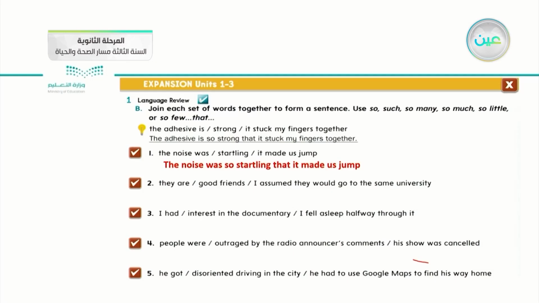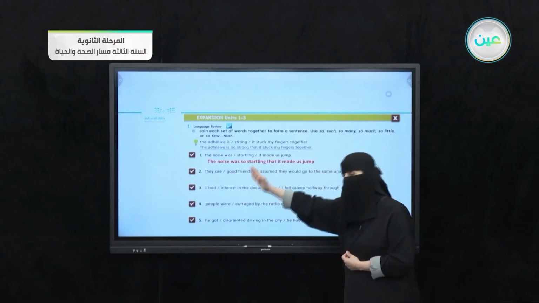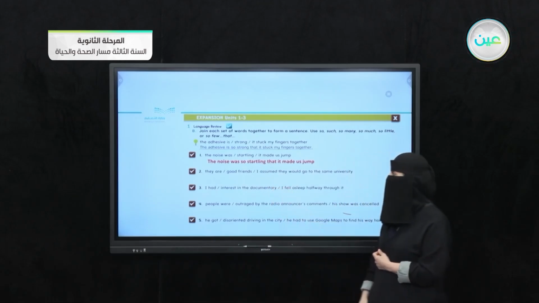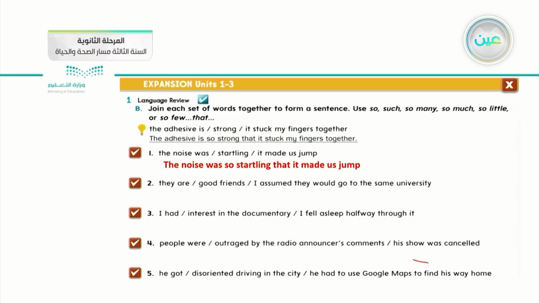So the noise was so startling. When the noise was so startling, what happened? That it made us jump. I put the conjunction that, then I begin with the effect of the cause from the first part of the sentence. So: the noise was so startling that it made us jump. I think it's easy to apply with this question.